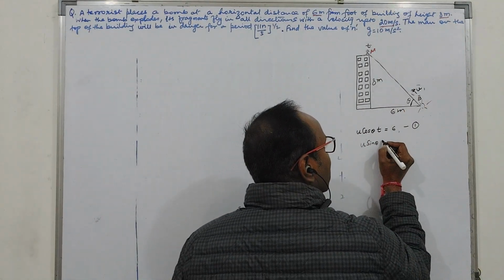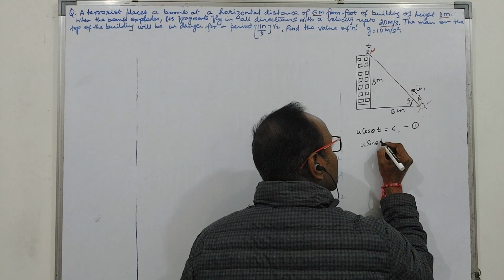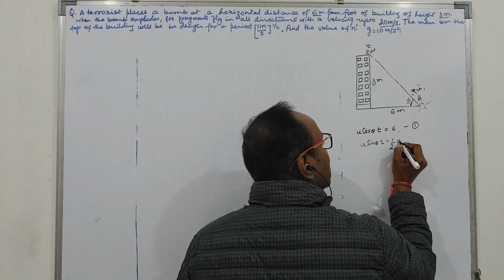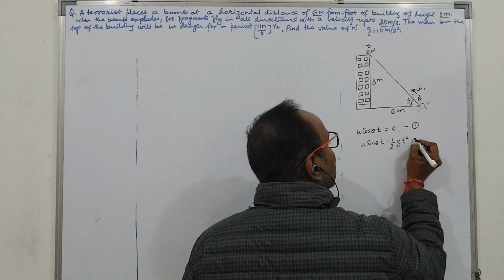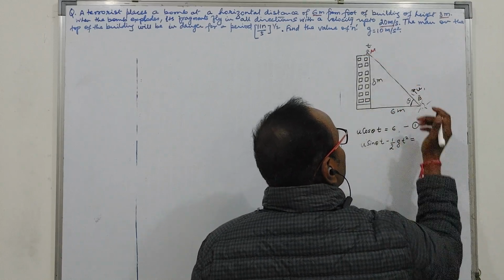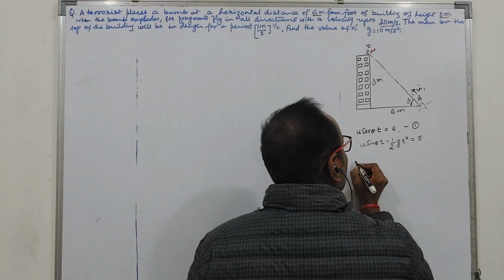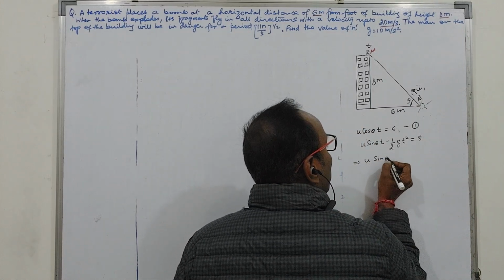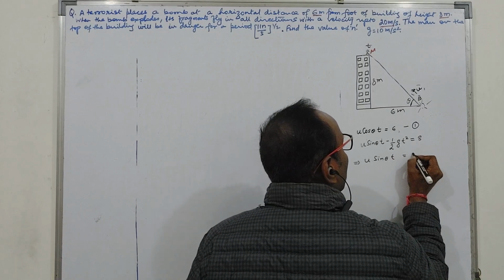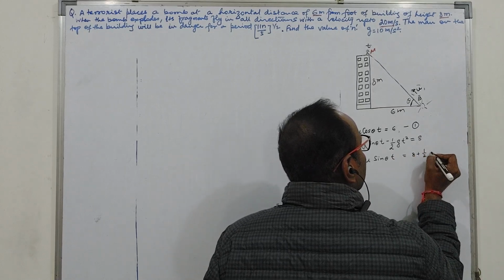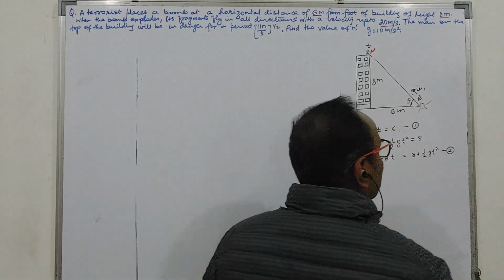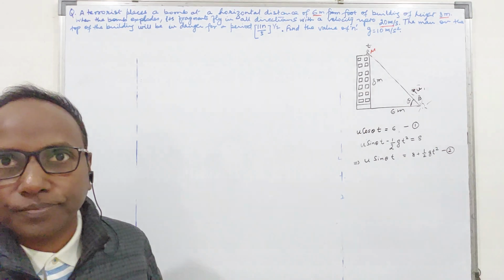So we know from the equation of motion, u sin theta t minus half g t squared will be 8 meters. This you can write like u sin theta t equals 8 plus half g t squared. This is your equation 2.